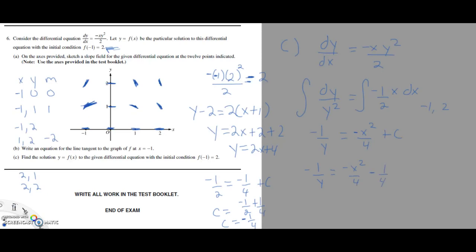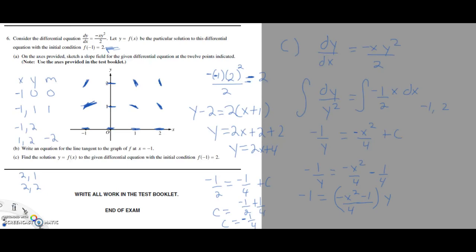We want to solve for y, so we're going to have to invert everything. So what that means over here is we're going to multiply by y. When we multiply by y, we're going to get negative 1 equals negative x squared over 4 minus 1. I guess that might be easier. Combine it together and put the y over here.